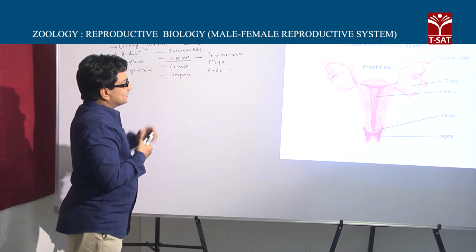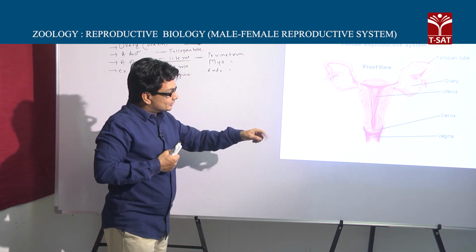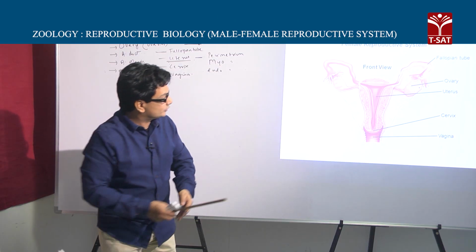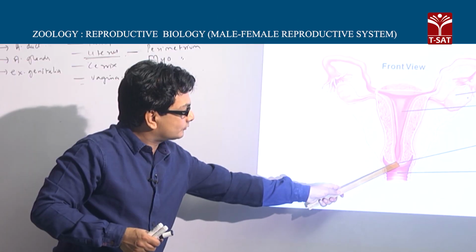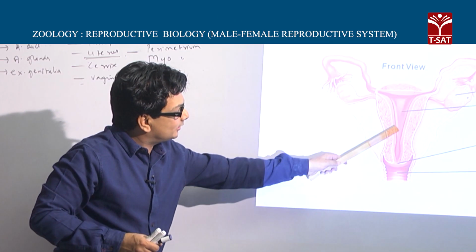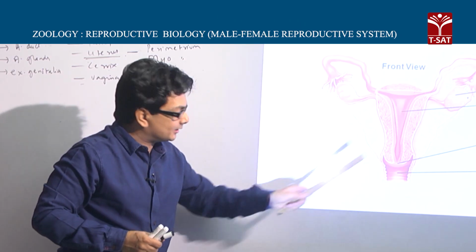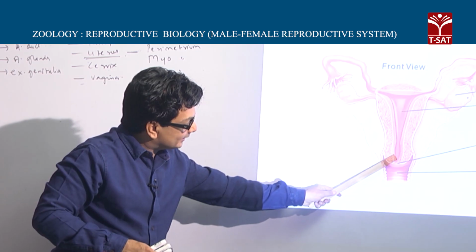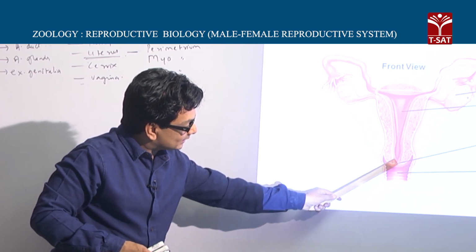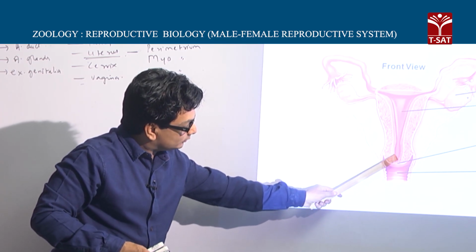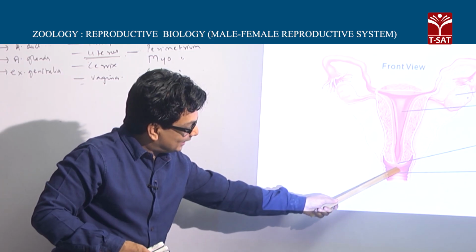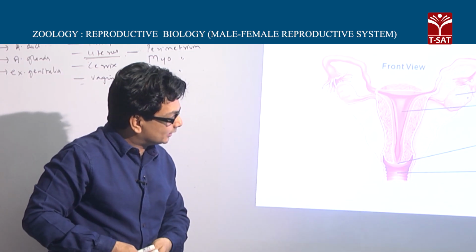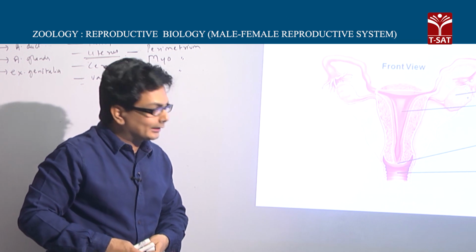After uterus, the next one is cervix. You can see here the uterus leads into the next part called cervix. This is between the uterus and the vagina. Now, this cervix, the region here, this area is called cervical canal. Now, this and this can be together called the birth canal.